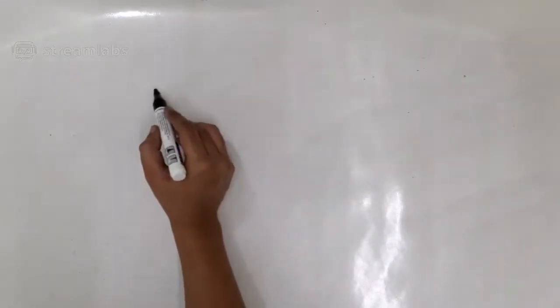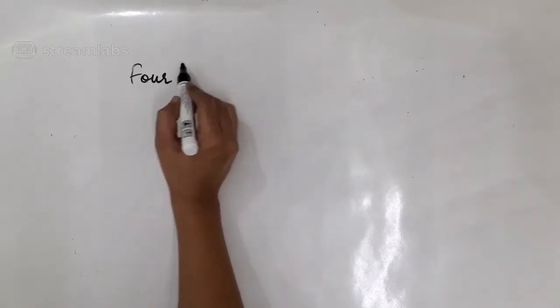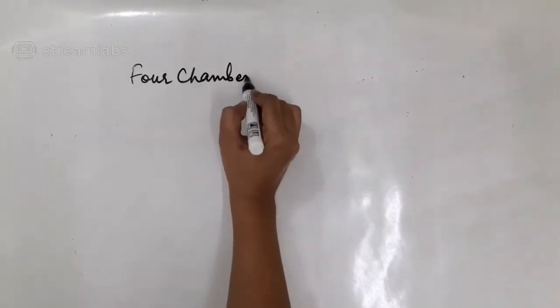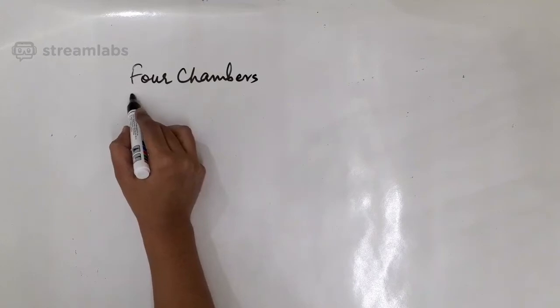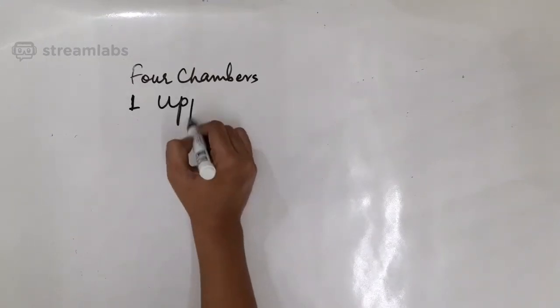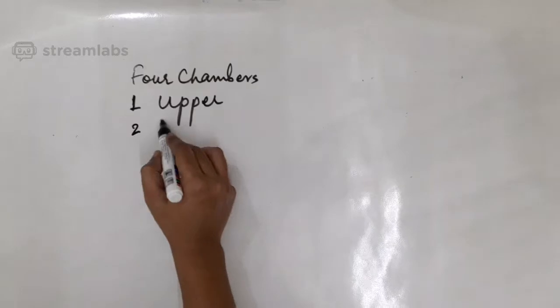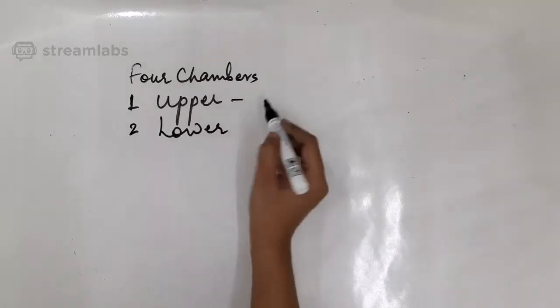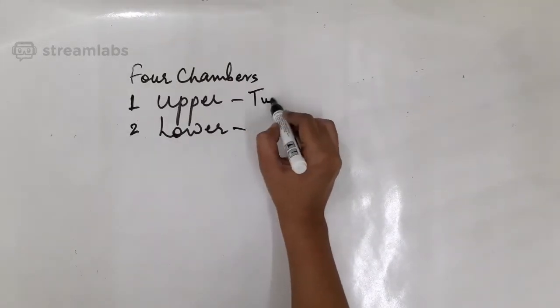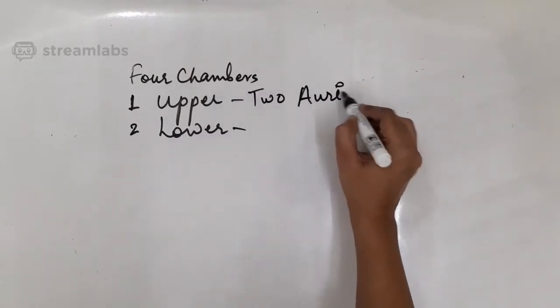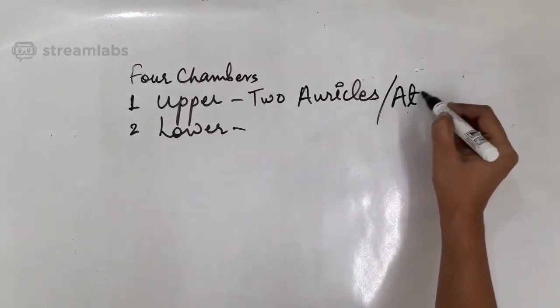Now you have understood about the circulation of blood into the heart and the chambers of the heart. Now let us recall how many points we discussed. Firstly, about the four chambers of the heart. The upper two chambers are called auricles or atrium.